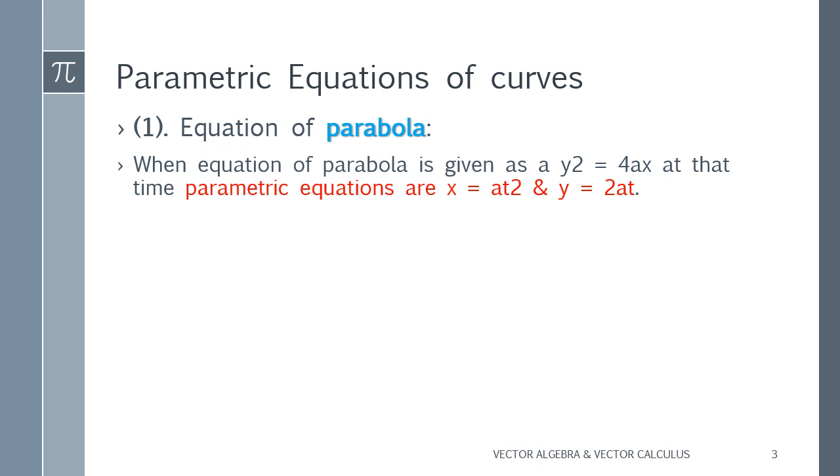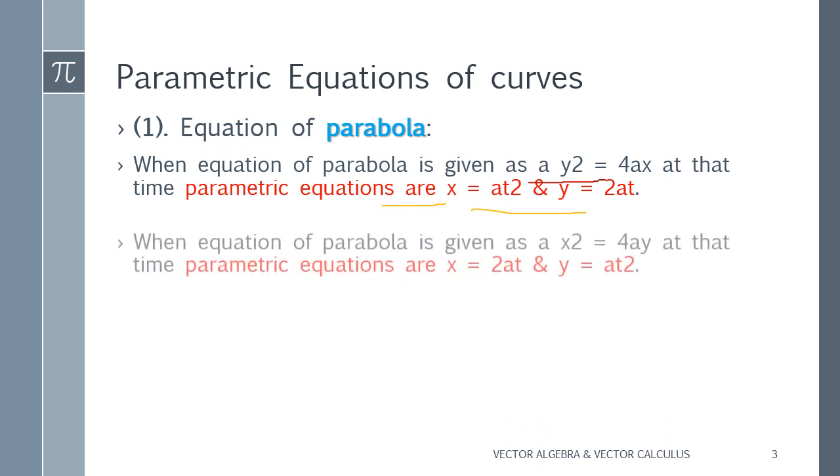When the equation of the parabola is given as y square equals 4ax, then its parametric equations are x equals at square and y equals 2at.